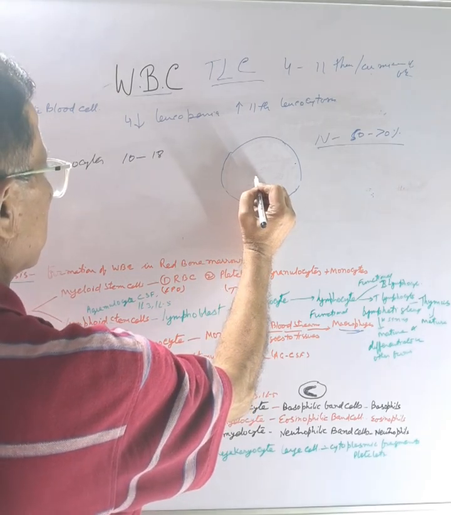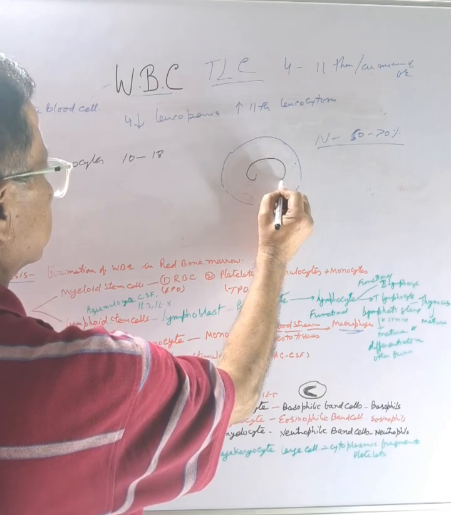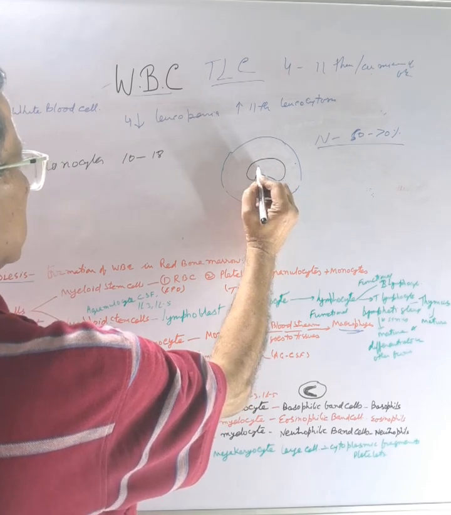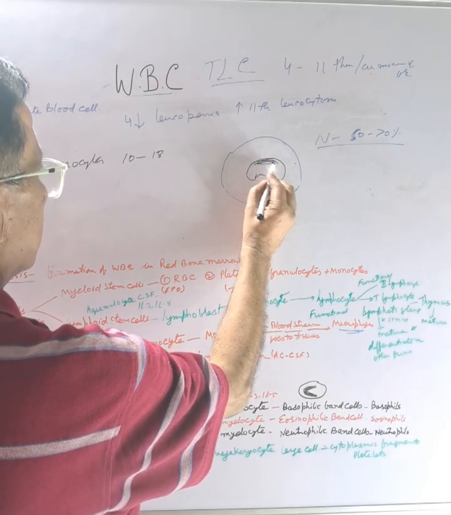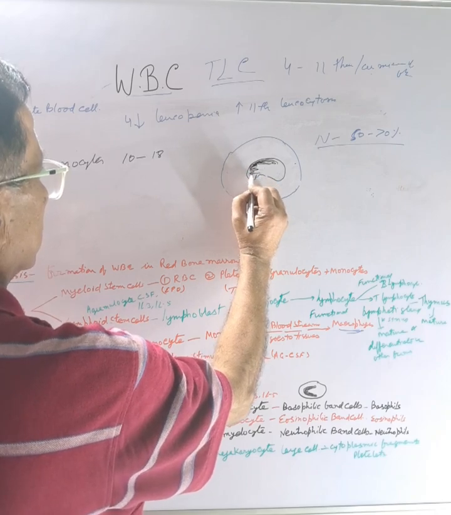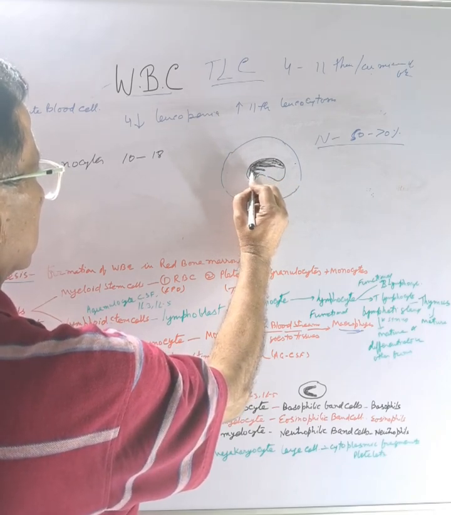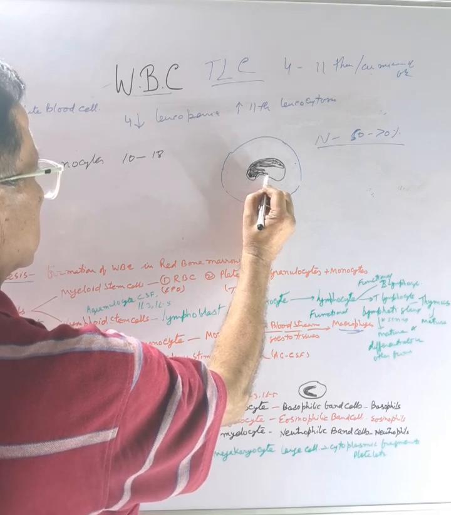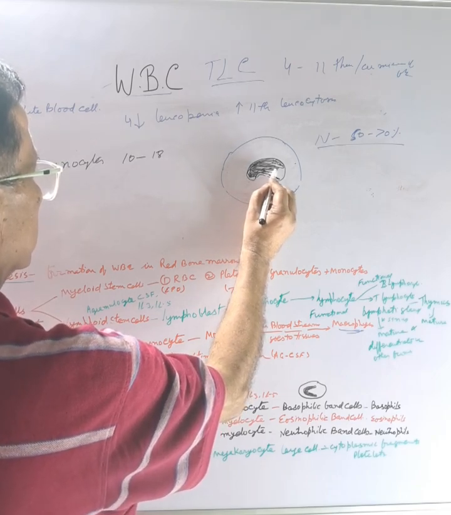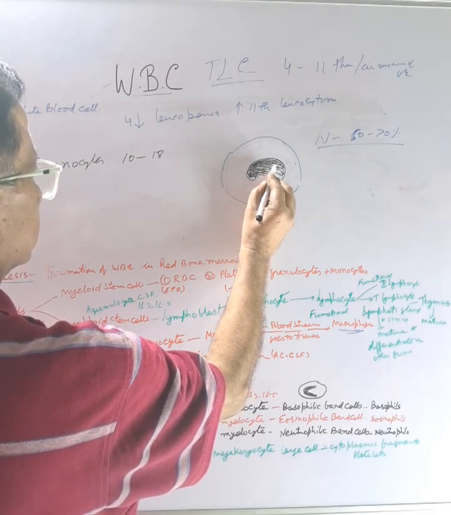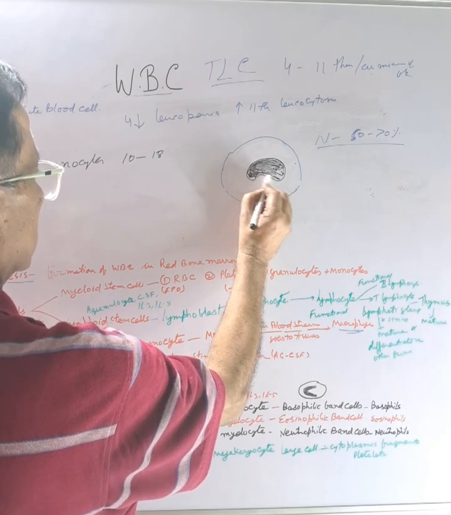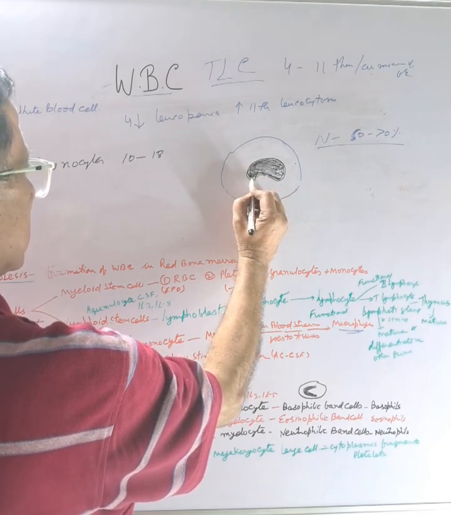Nucleus is kidney shaped, and there are no special granules in the cytoplasm. Kidney shaped nucleus is present here.